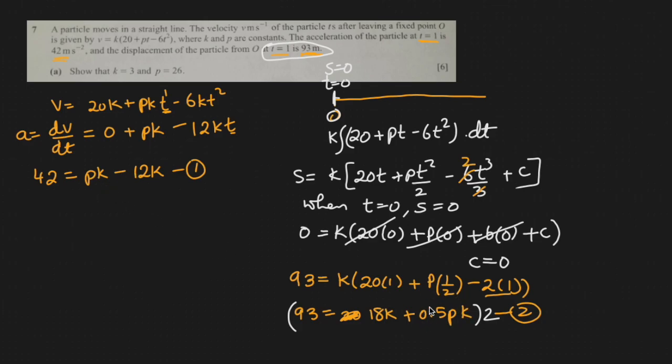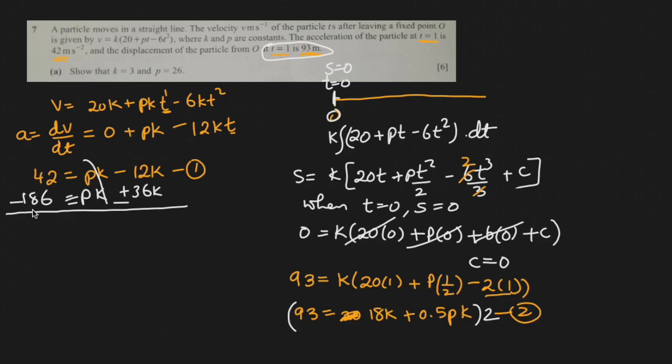Alright. So 2 times 93 is 186. I'll write 186 here. 2 times 18k is 36k. I'll write 36k here. Positive, positive. And then pk. So we'll subtract this equation so that pk gets cancelled out.